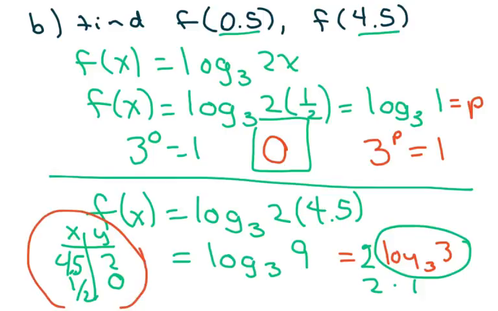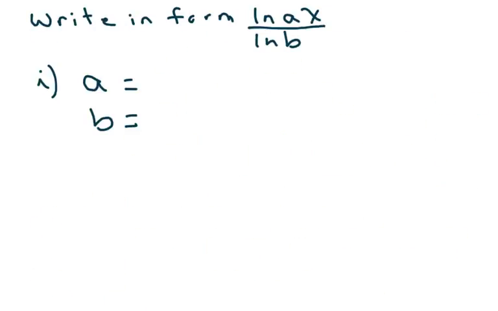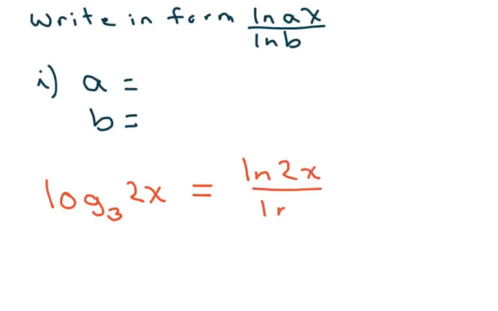Okay, now they want you to write it in this form. So basically they want you to take log base 3 of 2x, and they want you to do the change of base. We're using ln, so this is ln of 2x over ln of 3. That's the change of base formula.